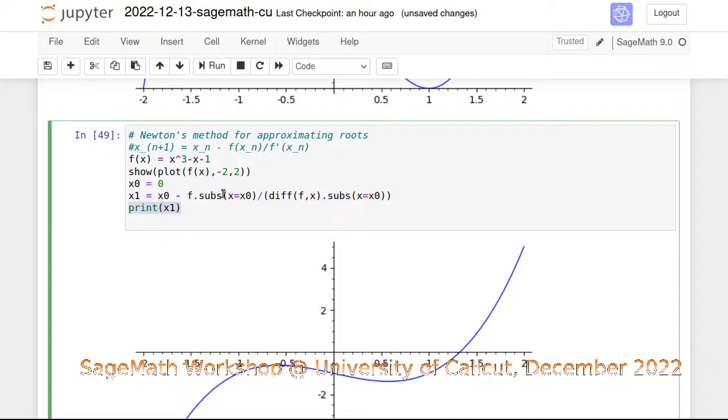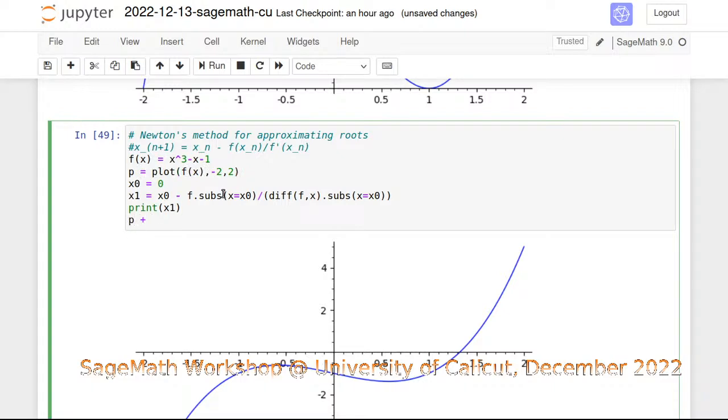Maybe we can even try to draw that, marking that point on the curve itself. So let's start with P. P is this.